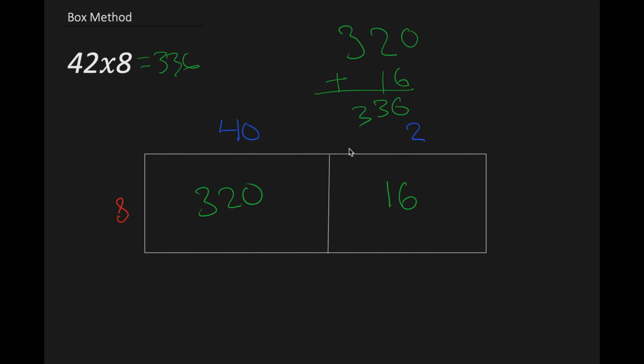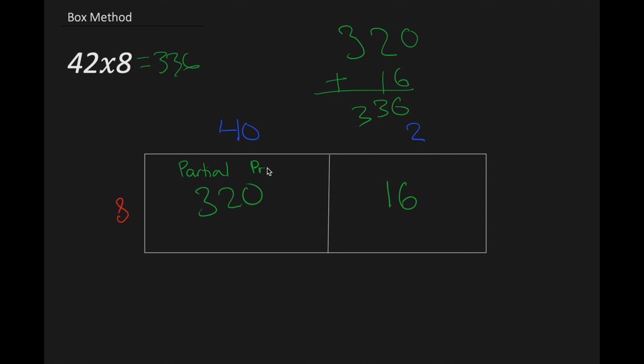And I know I went a little fast, so I'm just going to do a quick summary of what I did. I split 42 into a tens and ones. We've talked about place value relationships before, and place value in general. And we did 8 times 40 and 8 times 2. These are called partial products.